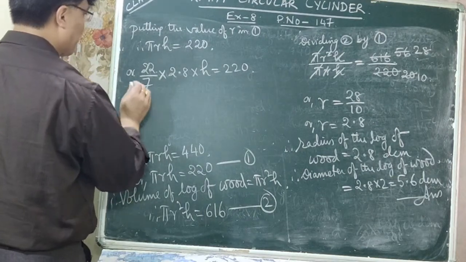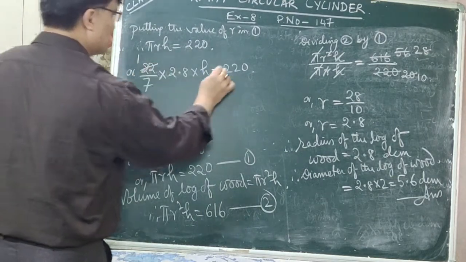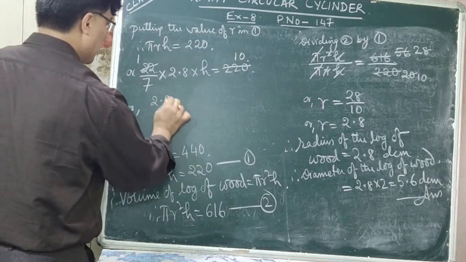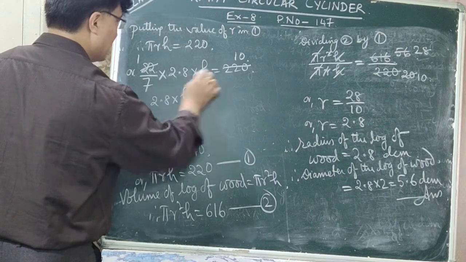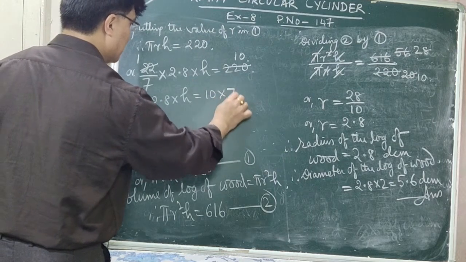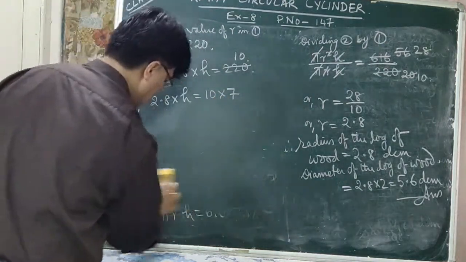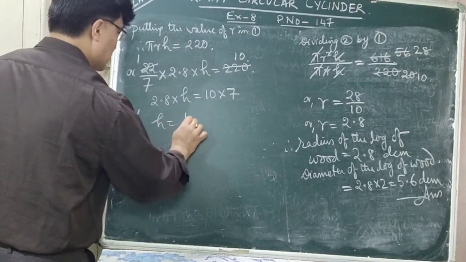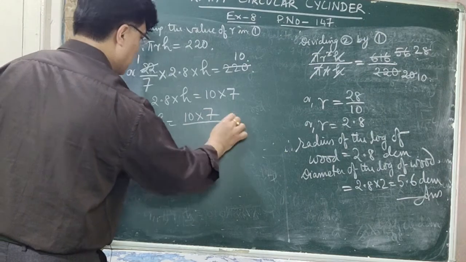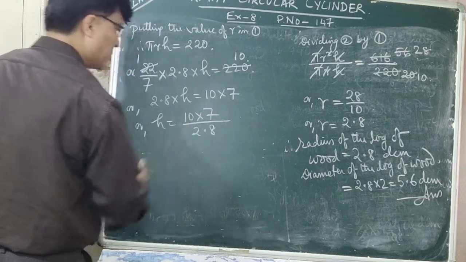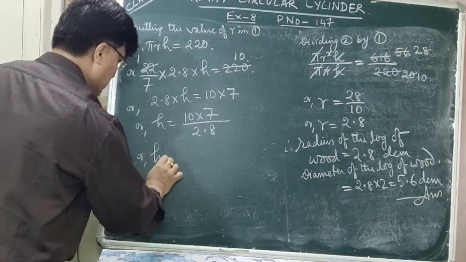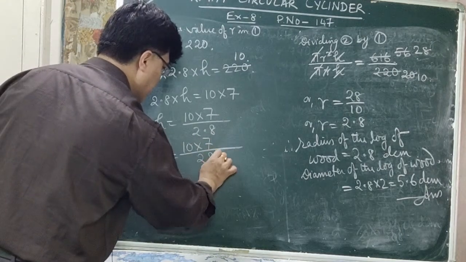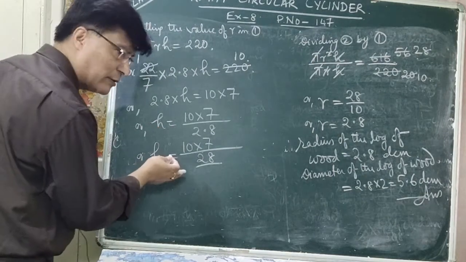So here 22 ones are 22, 22 times 10 times. So 2.8 into h, you can cross multiply by 7, 10 into 7, right? Next, or h is equal to 10 into 7 divided by 2.8. 10 into 7 divided by 2.8 means 28 divided by, you can write it in terms of fraction.